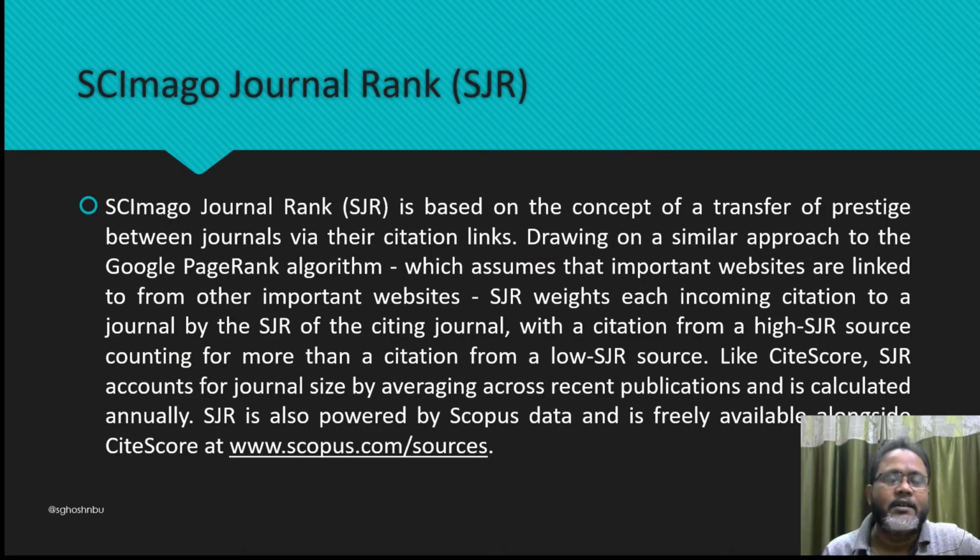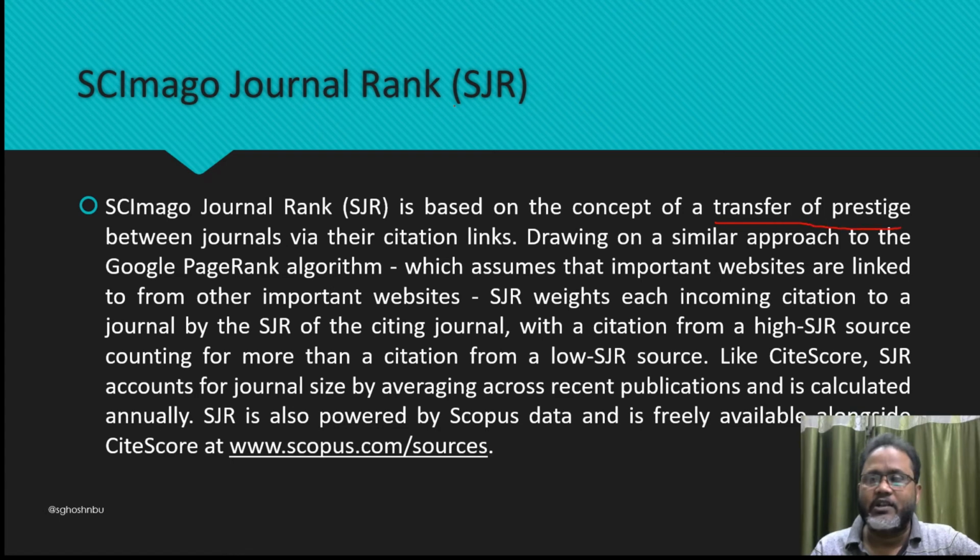Then SCImago Journal Rank, that is SJR. This journal rank is based on the concept of transfer of prestige between journals via their citation links. What is the transfer of prestige between journals?